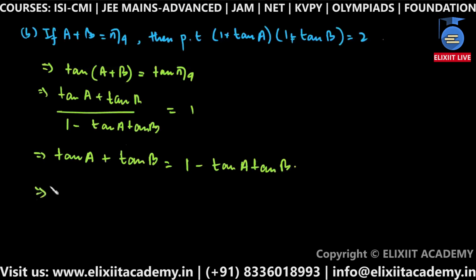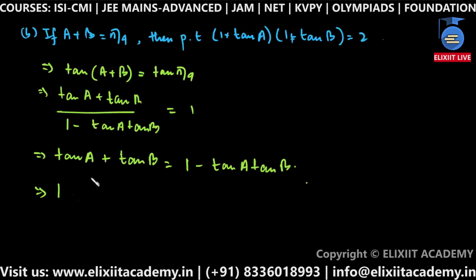On the left hand side, we have tan A tan B, and here we have 1 plus, what I'm going to write is 1 plus tan A, because you need to bring 1 plus tan A. So 1 plus tan A, and you have tan A tan B, so you just take 1 tan B extra.